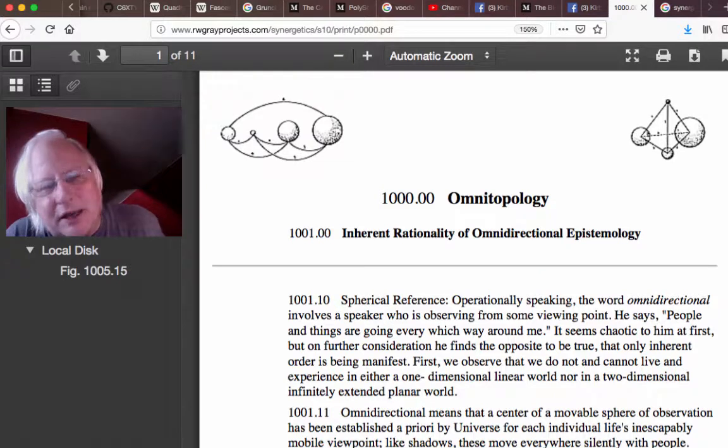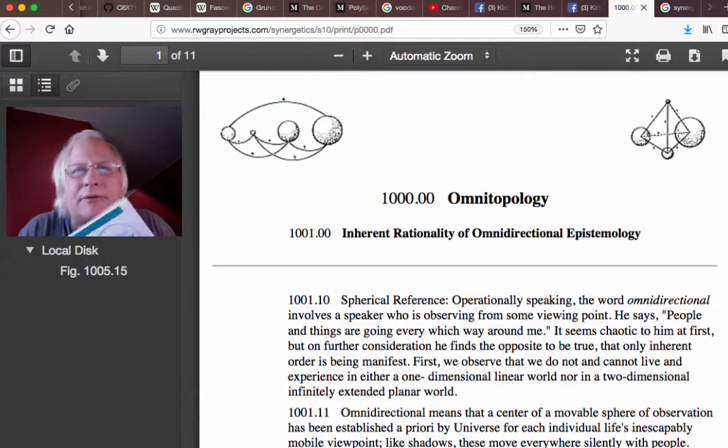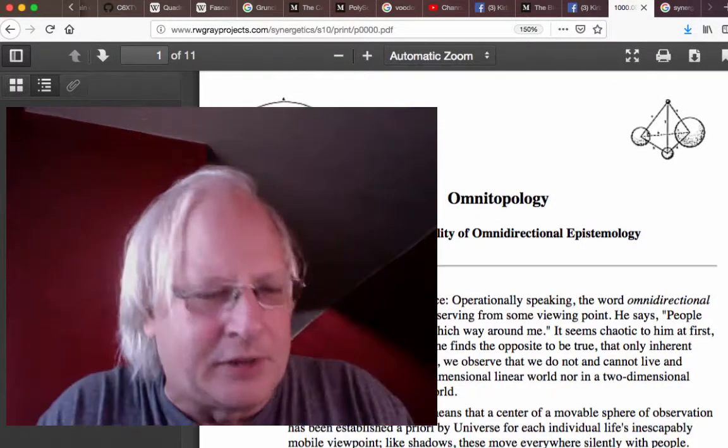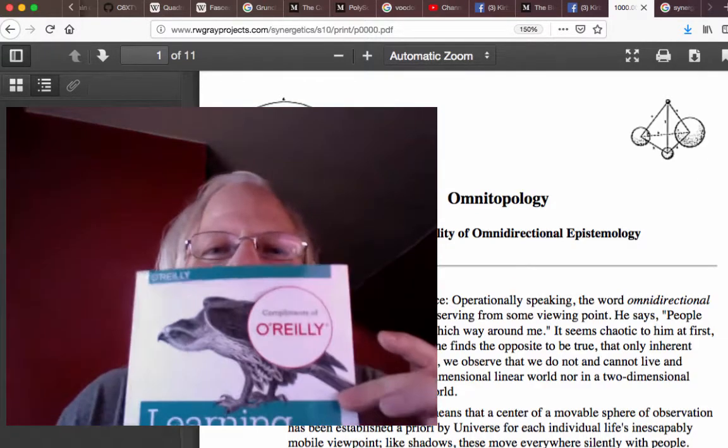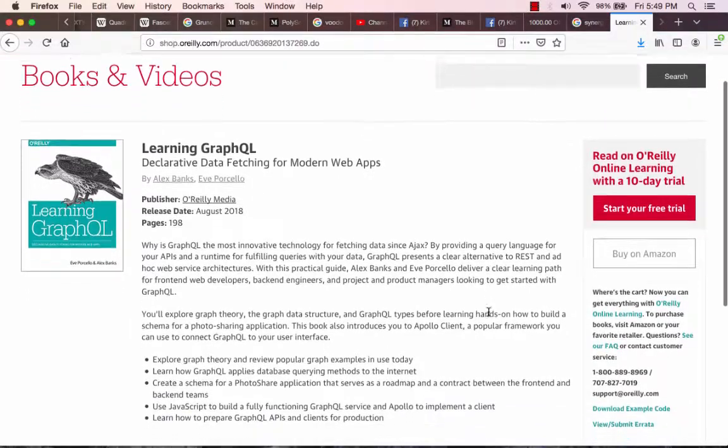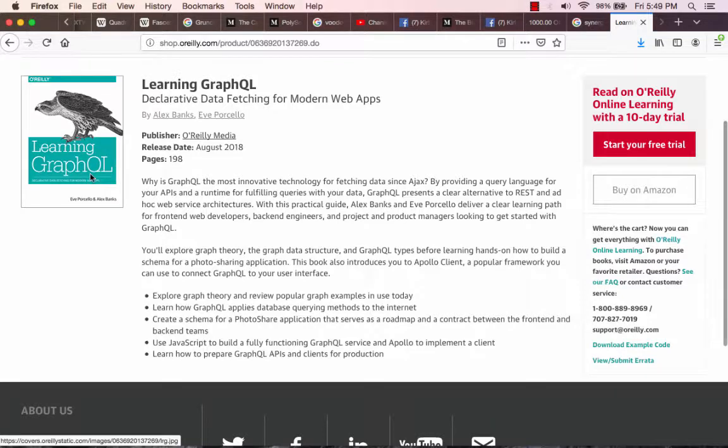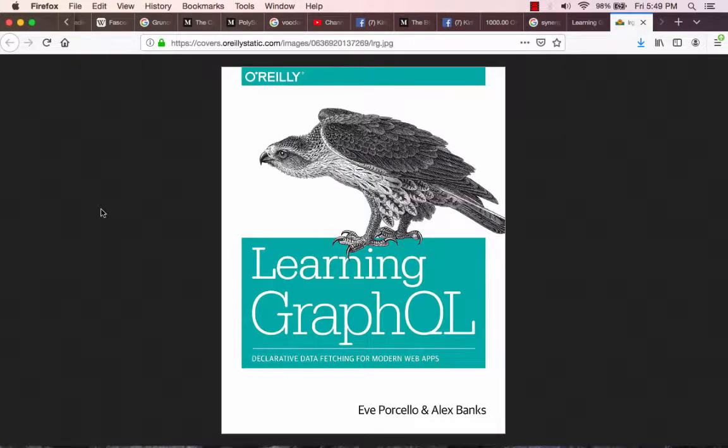First of all, I was at OSCON, the Open Source Conference, recently, and I got my free book here. Very pleased to get it. I'm very interested in GraphQL because I'm interested in graph databases in general. While I was eating donuts, actually not voodoo donuts, at OSCON, I was thumbing through this.